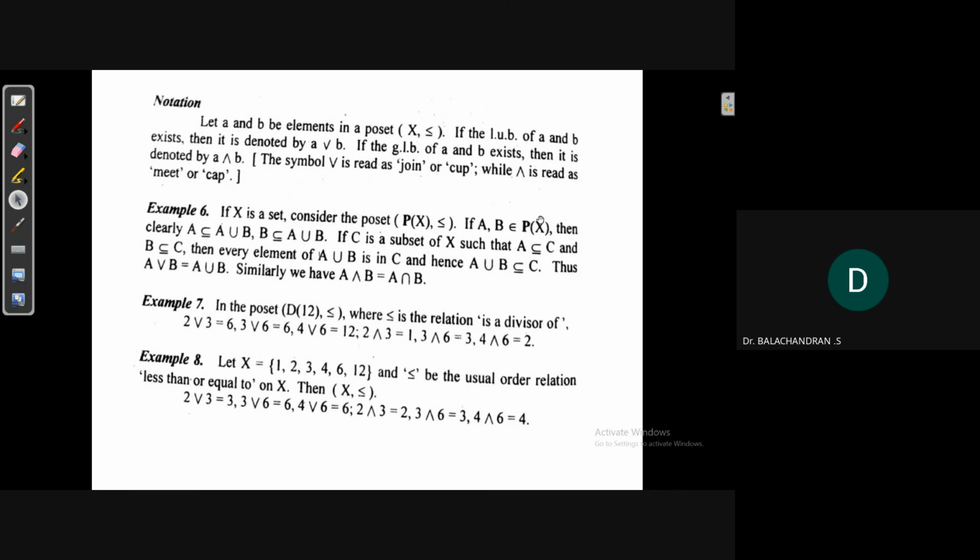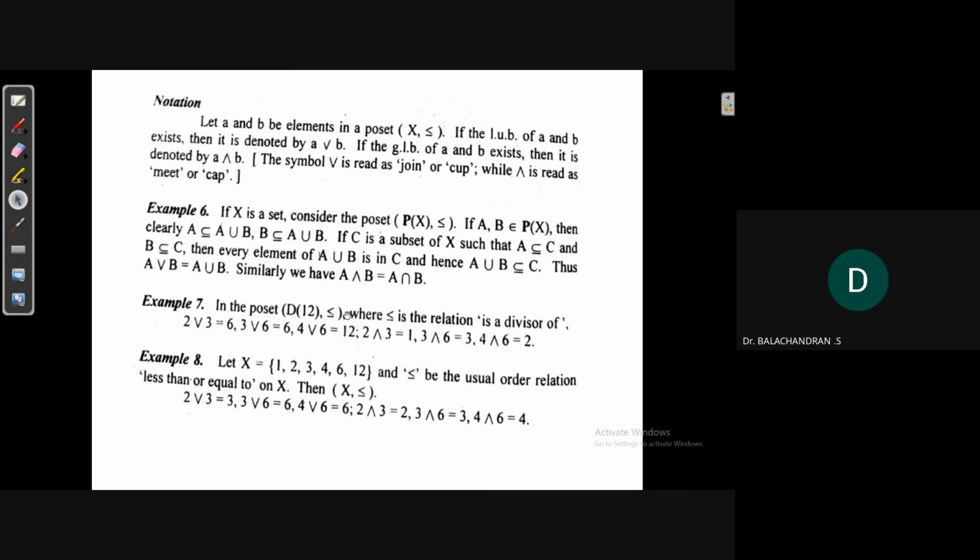If A and B are in the power set, then A join B, the least upper bound of A and B, is nothing but A union B. Similarly, the greatest lower bound of A and B, A meet B, is A intersection B.